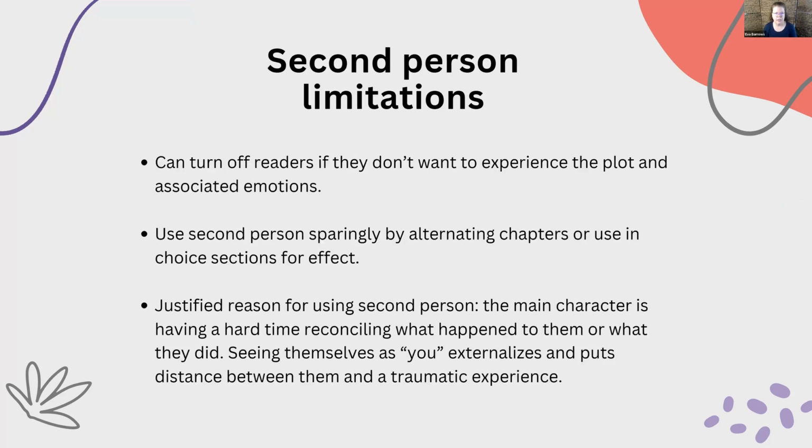There are a lot of limitations to this type of point of view. It can turn off your reader if they don't want to experience the plot and associated emotions, say if it's particularly violent or gross and people don't want to be that character. So use second person sparingly, or alternate chapters, or use it just in a section if you want to create a specific effect.